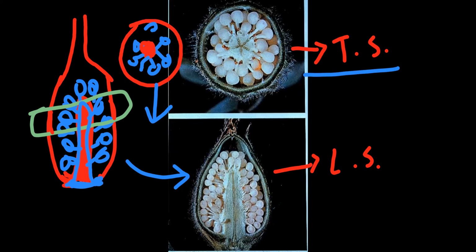Which one? According to the TS, this one. Single locule is there, right? Yes, unilocular condition. So this is the free central placentation.